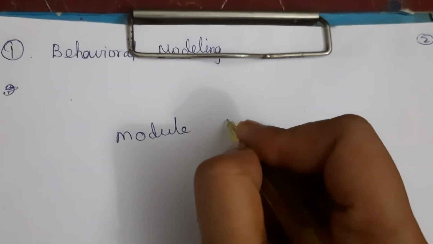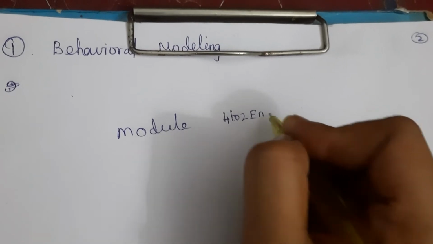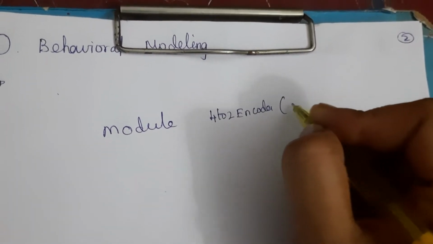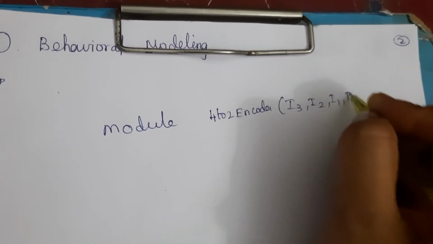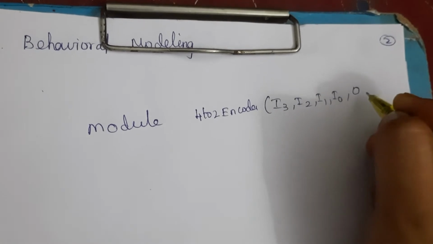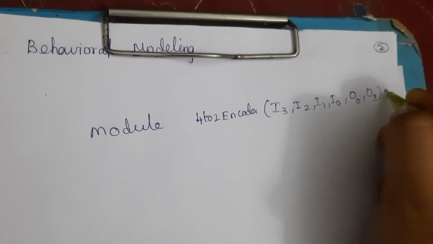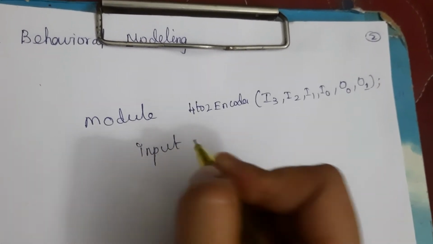So first we start with the module. For the module name, here I give 4 to 2 encoder, and declare input and output. Here the inputs are I3, I2, I1, I0, and the outputs are O0, O1. Next we have to declare the input and output ports.